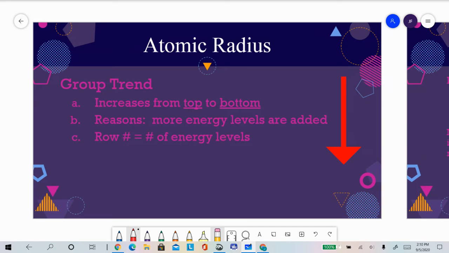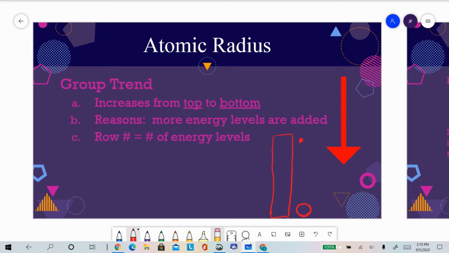So in the group, right? If we're talking about the columns or the groups of the periodic table, then it increases from top to bottom. So the smaller atomic radius is up here and the bigger atomic radius is down here.